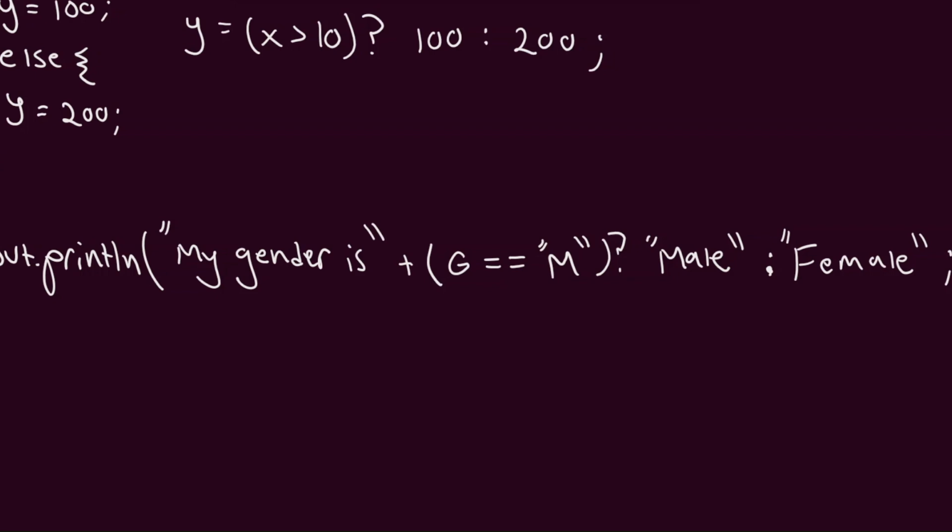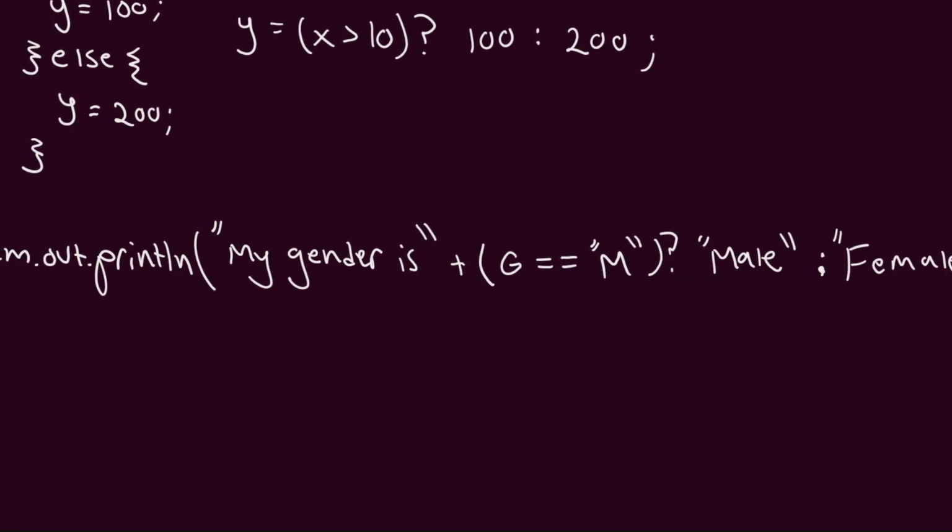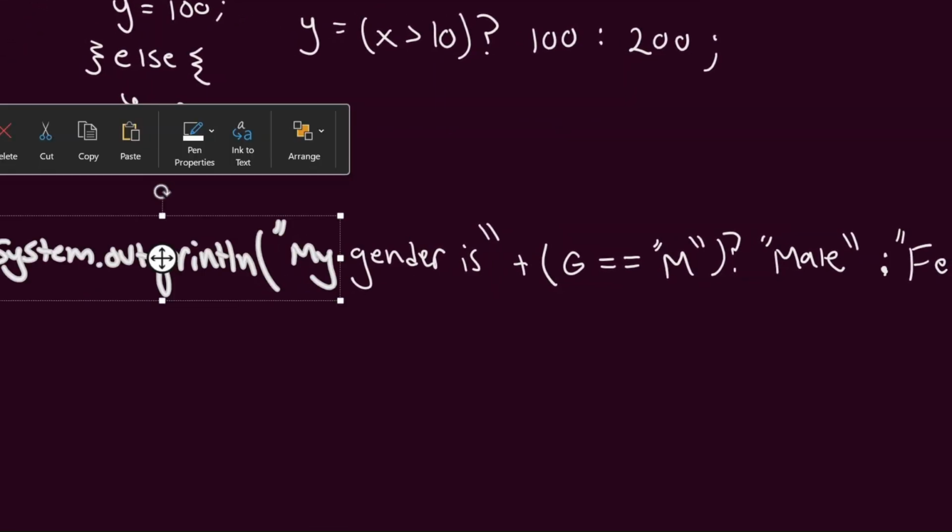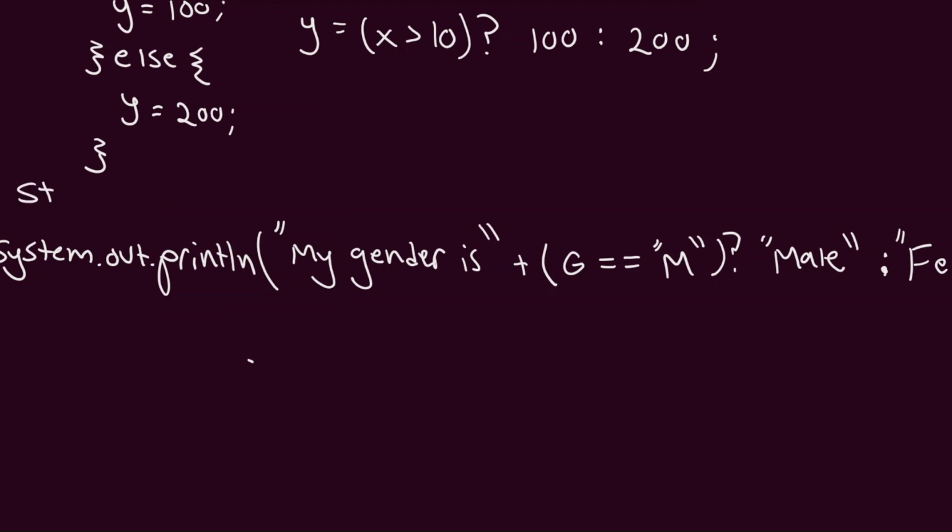And then we declare what g is up here: String g equals M. So if g is set to M, then this is what's going to happen.